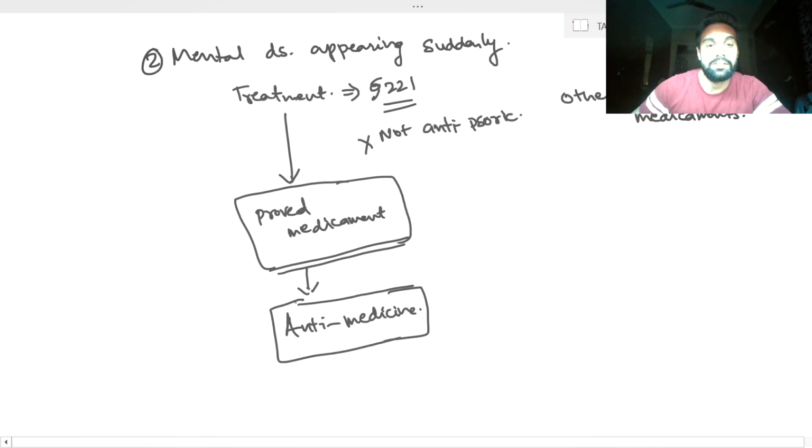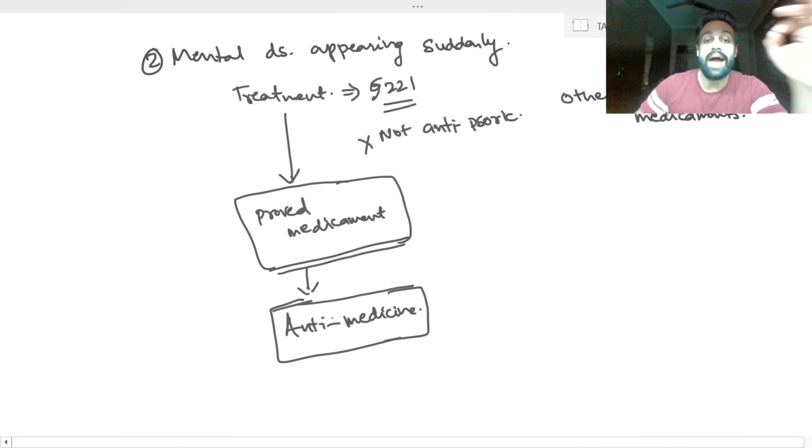Since this disease has its origin in Psora, you need to give antipsoric medicine immediately.